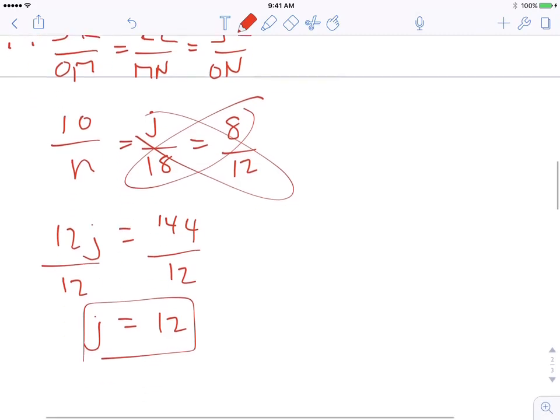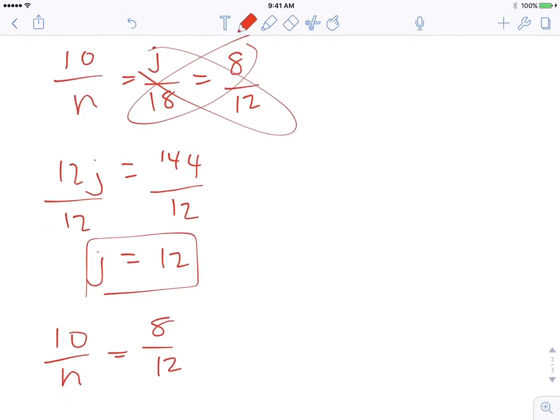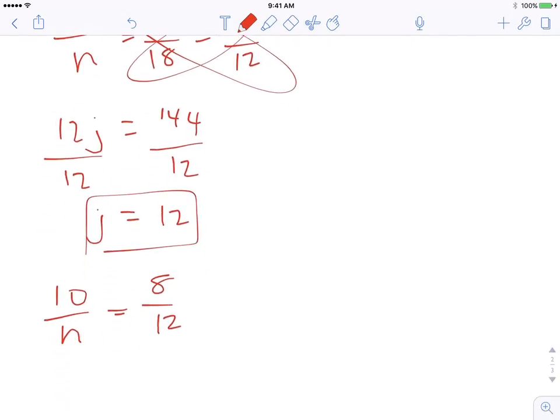But then we want to find n, so we're going to find n. So we have 10 over n, and I can use the exact same ratio. I'm using that 8 over 12 as my key to unlock the scale factor. So we're going to cross multiply here as well.